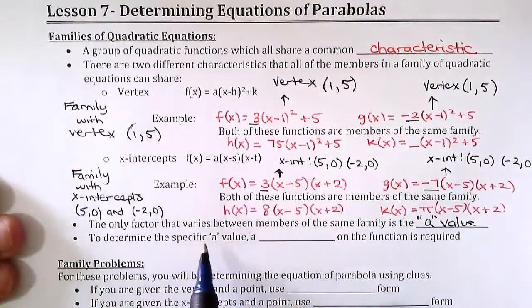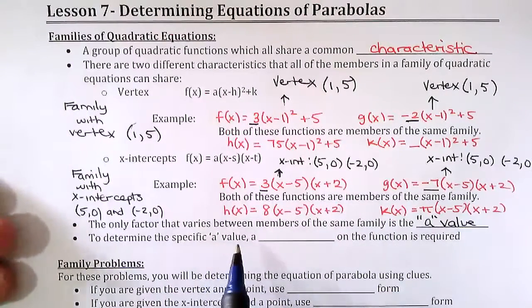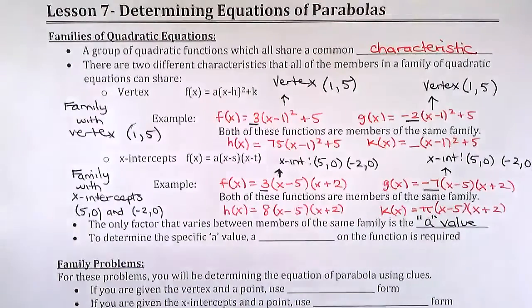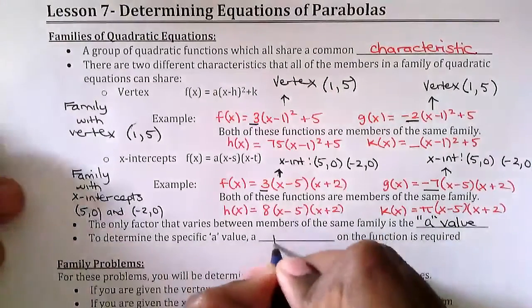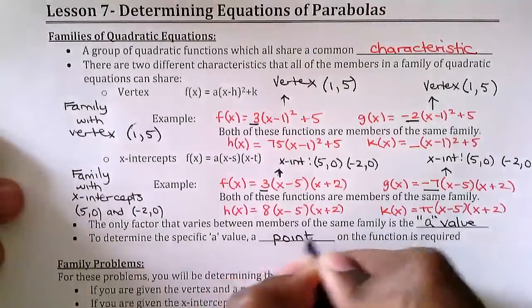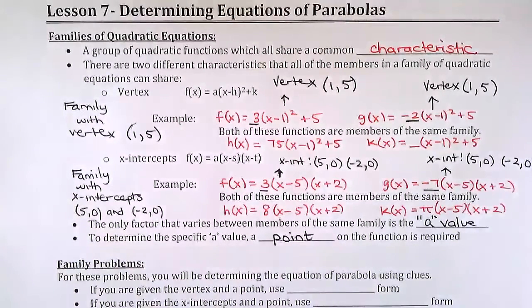To determine the specific a value, in a question, I might give you clues such as the vertex of an equation, or the x-intercepts of an equation. That will tell you a lot of information. What it won't tell you is the specific a value. To find the specific a value, a point on the function is required.